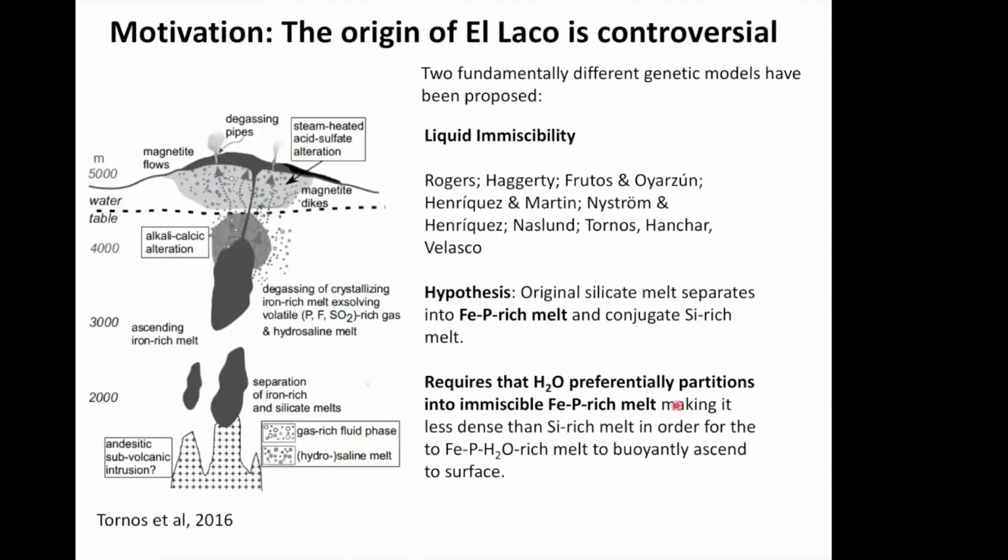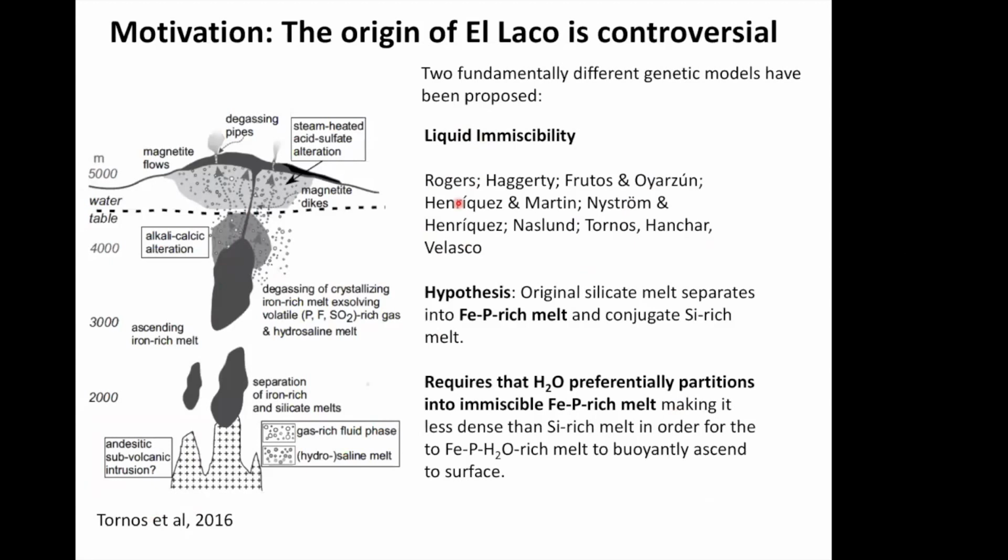The second hypothesis is liquid immiscibility. And on the left-hand side, I've got a schematic from a paper by Tornos et al. in 2016. And liquid immiscibility has also been described in papers going back decades by these authors here that I'm circling.